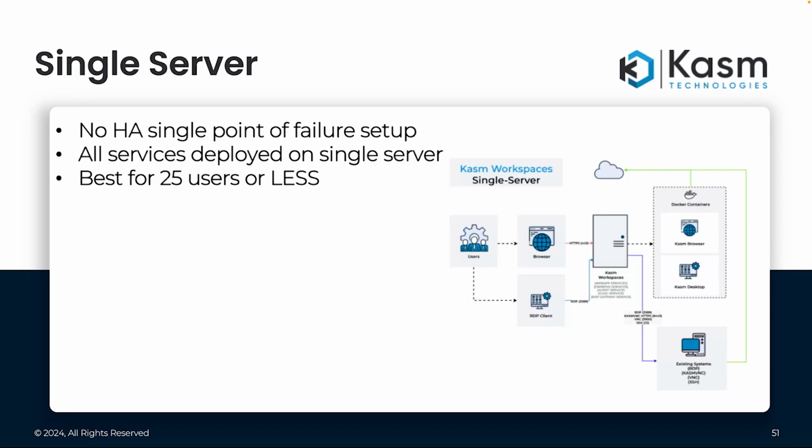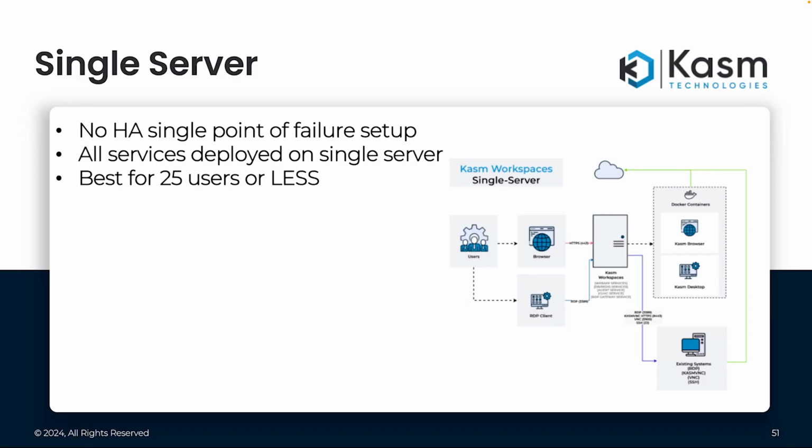Moving forward, when we start talking about the deployment scenarios, for a single server, the biggest things to take away: there is no HA and it is a single point of failure. All services exist on that singular server. All of them are Dockerized. They're all underneath that same Docker container, right?